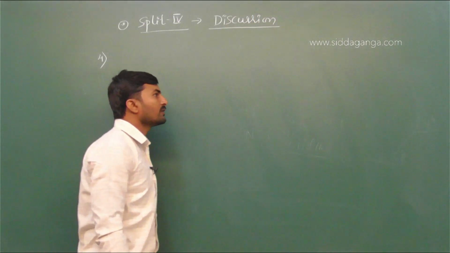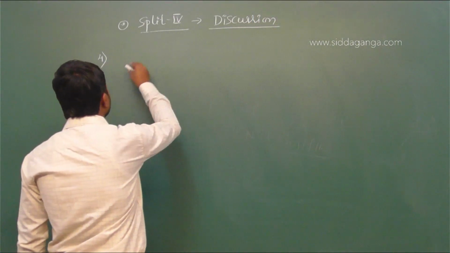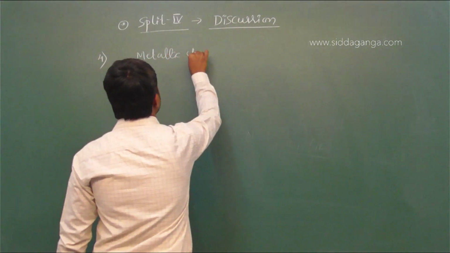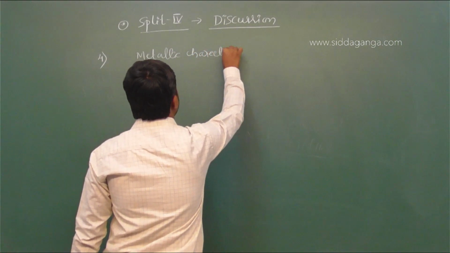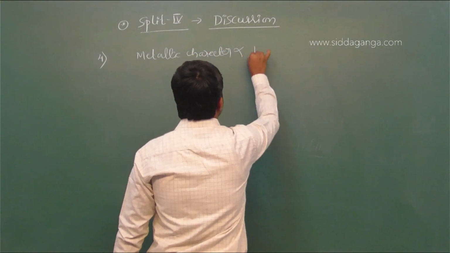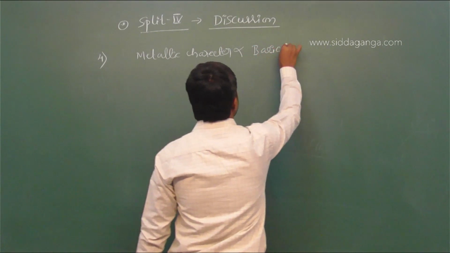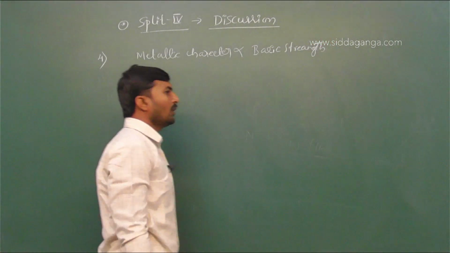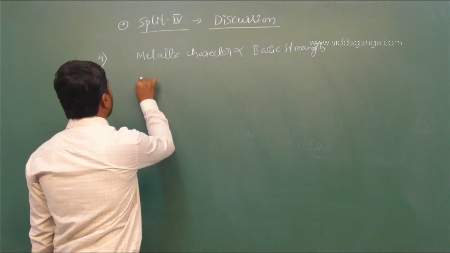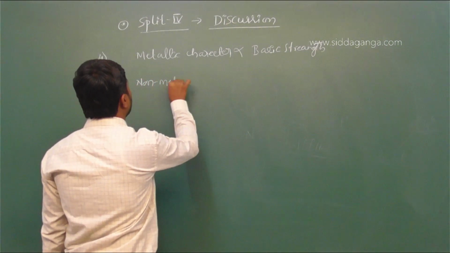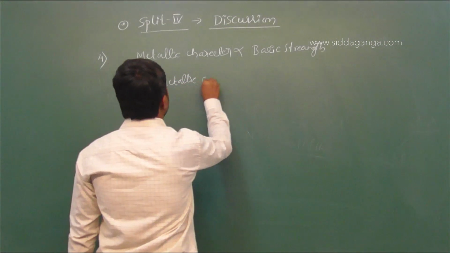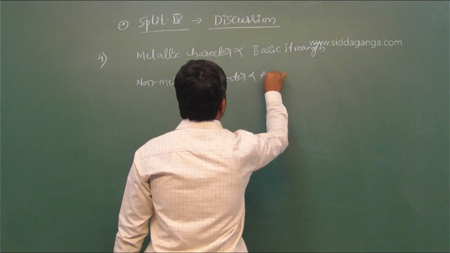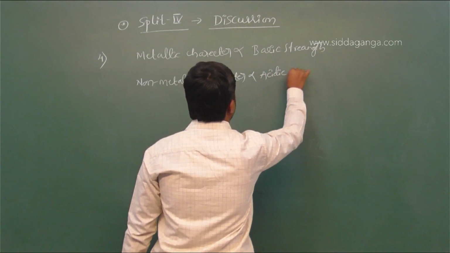we need to know that in a periodic table, metallic character is directly proportional to basic strength. At the same time, non-metallic character is directly proportional to acidic strength.